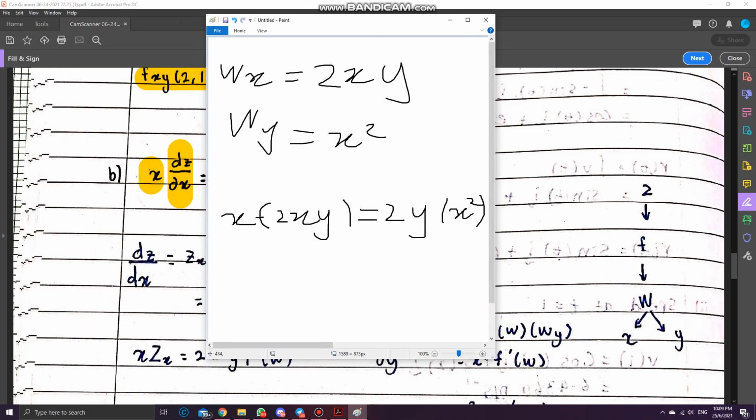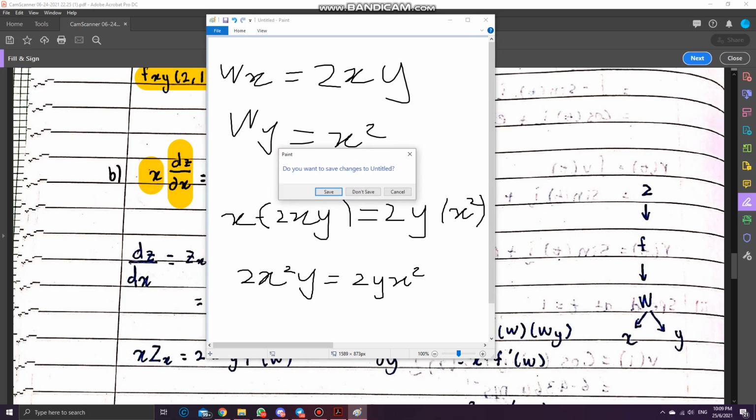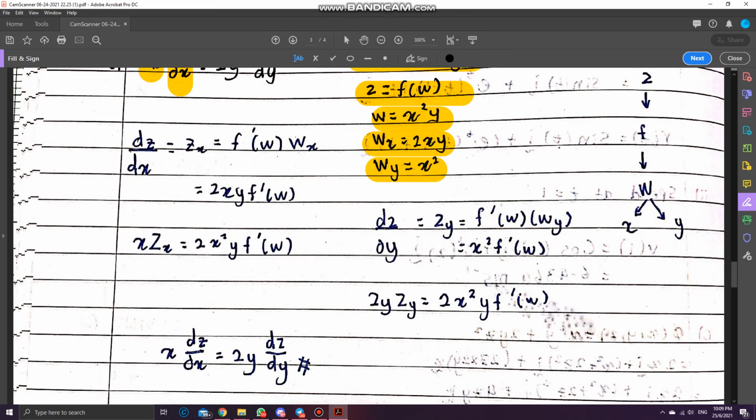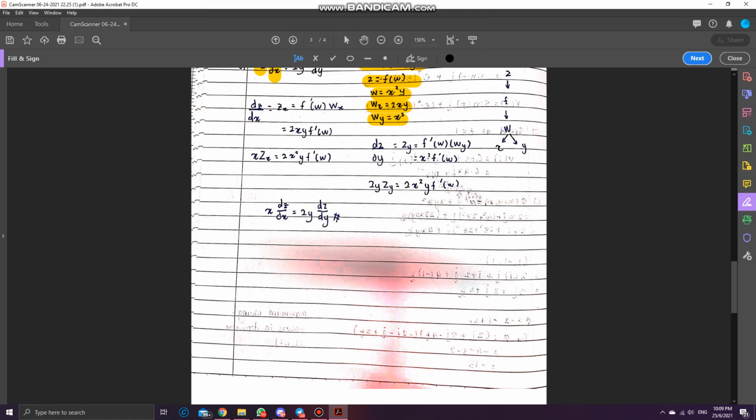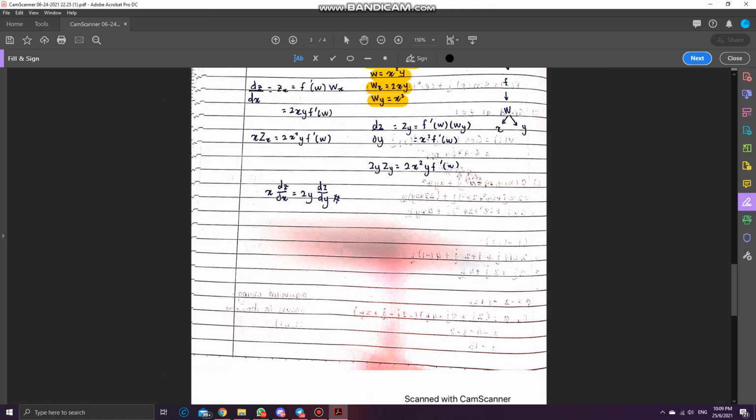So what we will get here is 2x square y is equal to 2yx square. So both sides are the same, so this problem is shown, which is x dz over dx is equal to 2y dz over dy.